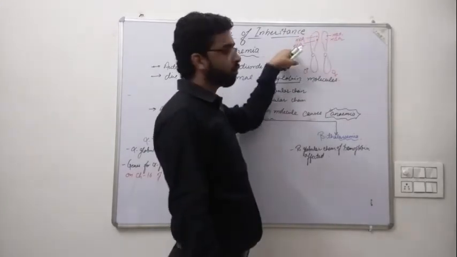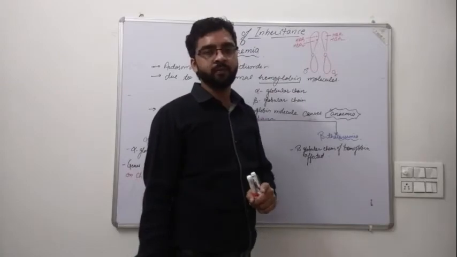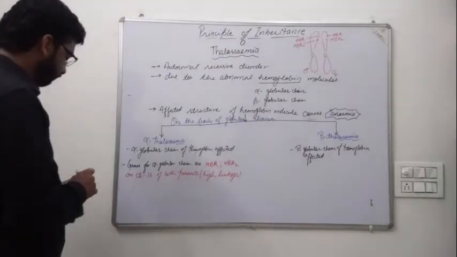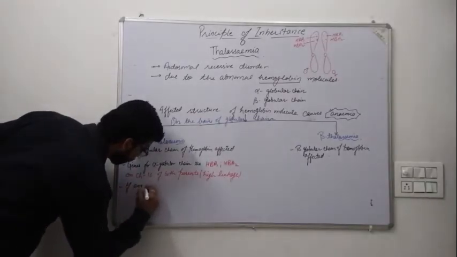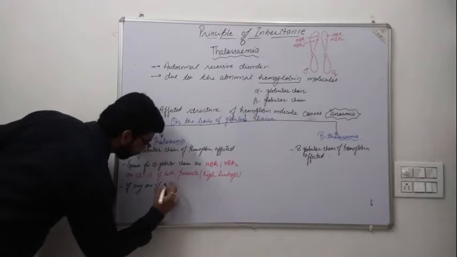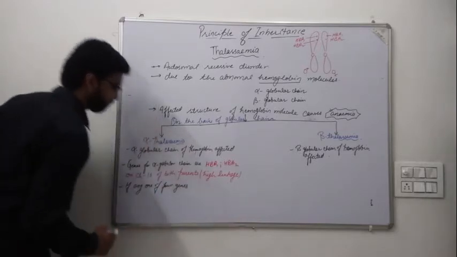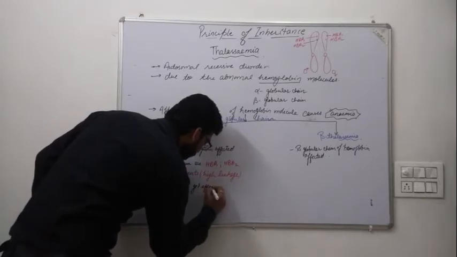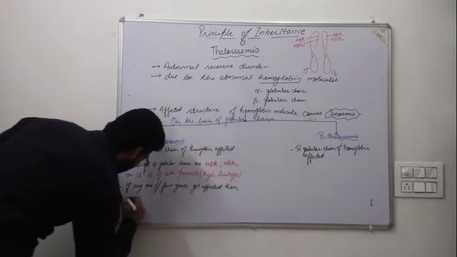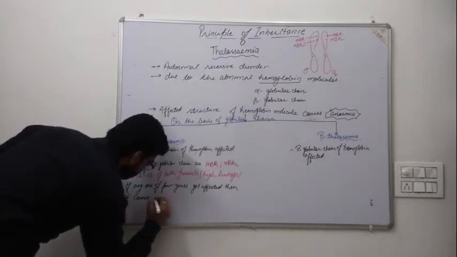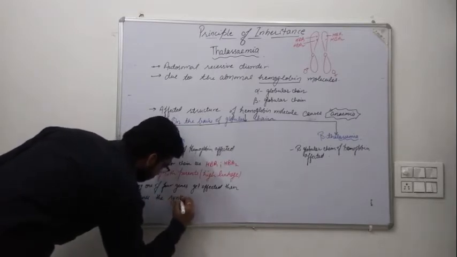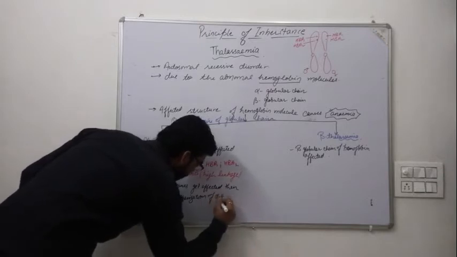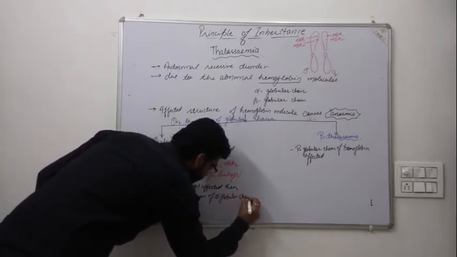Out of these 4 genes on homologous chromosomes, if any one is affected, then it affects the synthesis of the alpha globular chain.